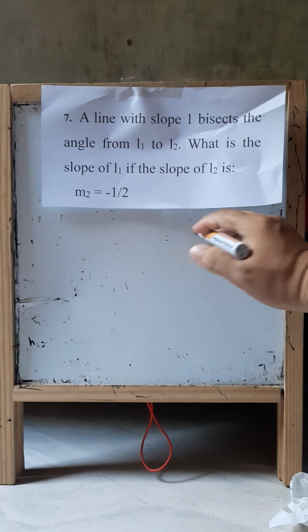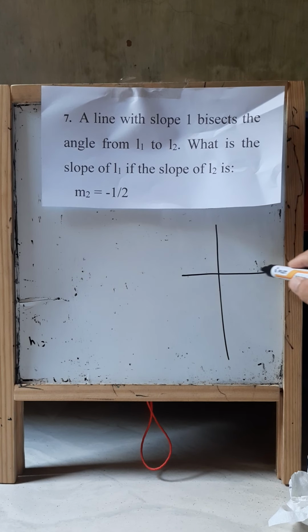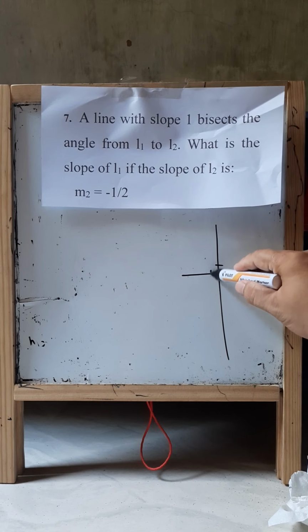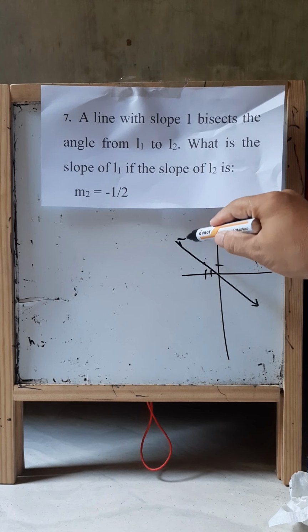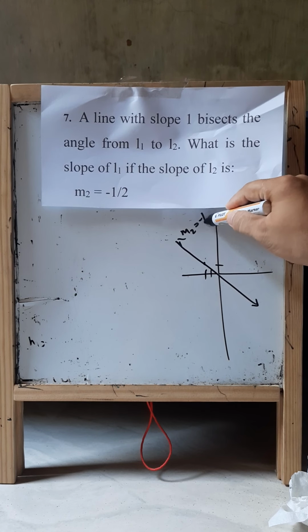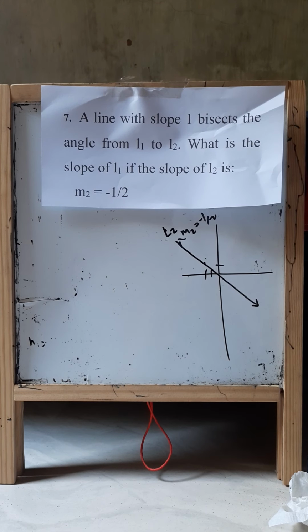This time we are given the slope of the angle bisector. So if this is line 2 with its slope negative 1 half, and line 1, what is the slope of line 1 when the slope of the angle bisector is 1.